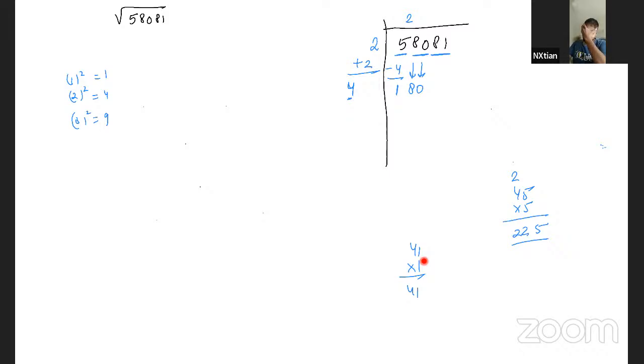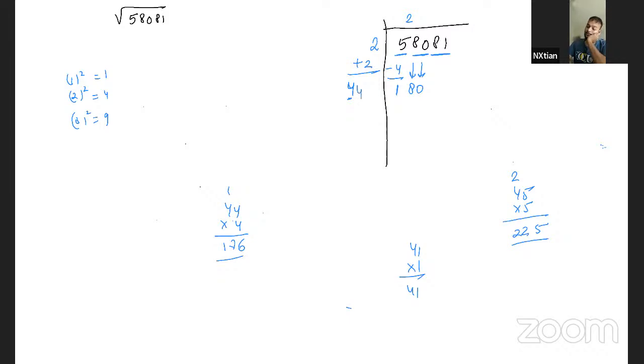Yes, Joshua, any other number which is greater than 1 and smaller than 5? 4. If you choose 4, it will become 44 multiplied by 4. So it will become 16 and this will become 176, which is very near to this. So yes, I will also go for 4.